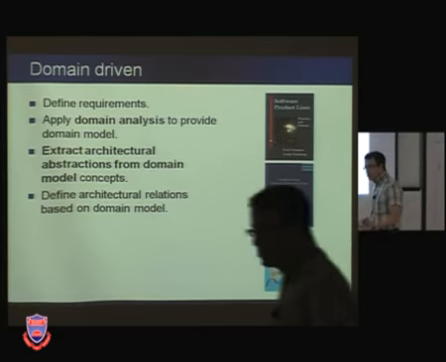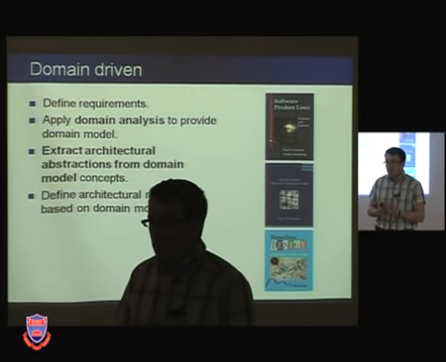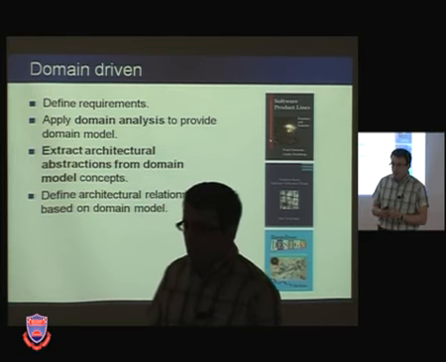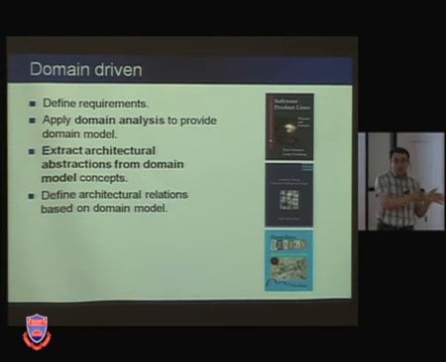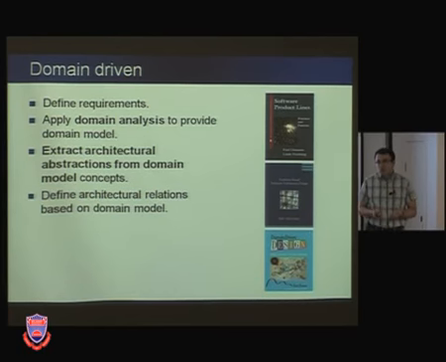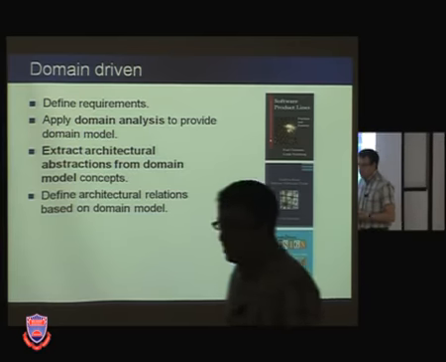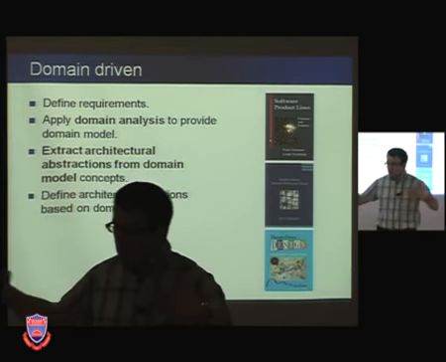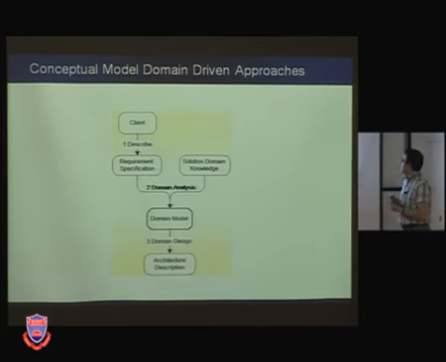Plus, the relations between these domain model concepts are also defined based on the domain model. Like in airplane design: you have requirements. What we first do is ask what the domain of airplane design, airplane construction, is. What are the concepts there? Identify these elements. What are the relations? Okay, this is the approach.